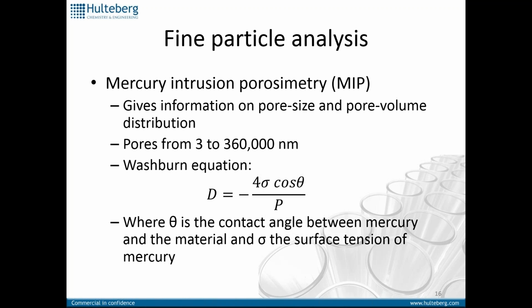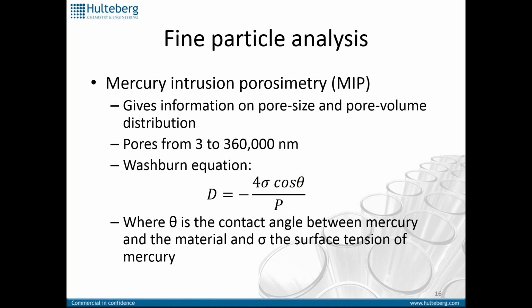We use the Washburn equation to calculate the diameter of the pores. So you have 4 times the surface tension of the mercury, times the cosine of the angle, which is the contact angle between the surface and the mercury.